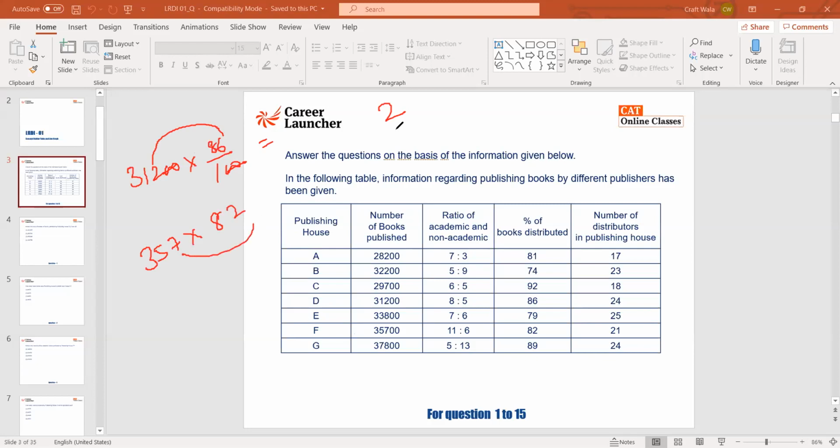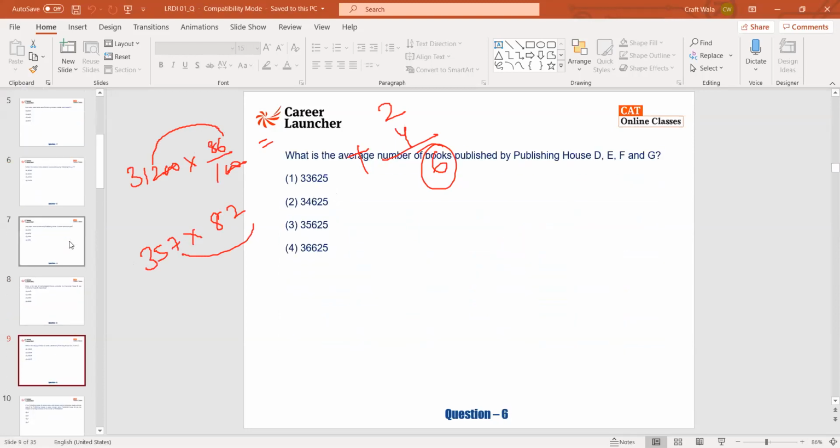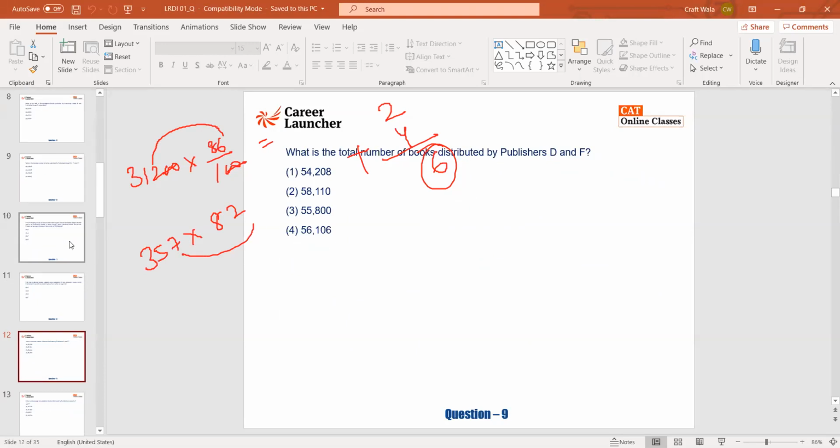So 7 into 2, 14, so last digit 4. So my last number for my answer, if I add both the numbers, should be 6. That means my answer should be something ending in 6. So if any calculation based questions are there, you can use this. Look at the last digits and then do. This way you should be able to do this much faster.